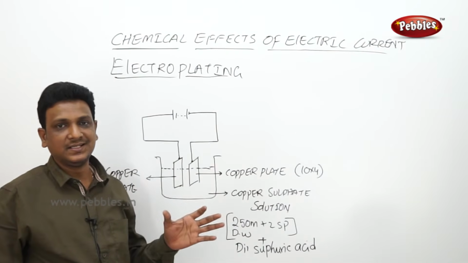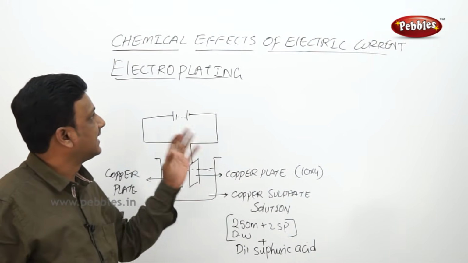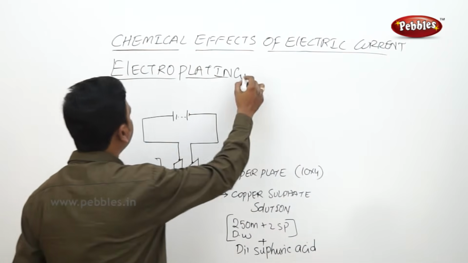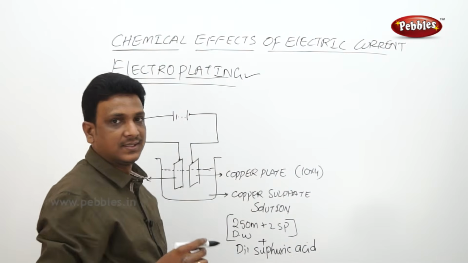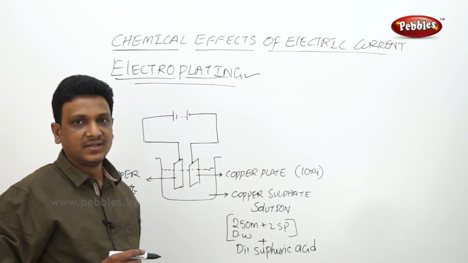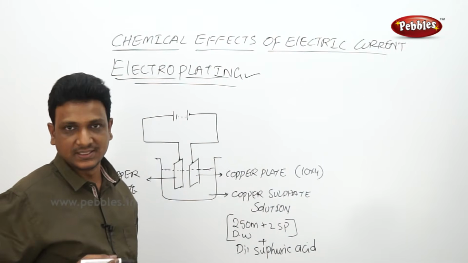Now let us see one of the important applications of chemical effects of electric current. That application is electroplating. Electroplating is a commercial technique which is used to apply one metal on another metal.